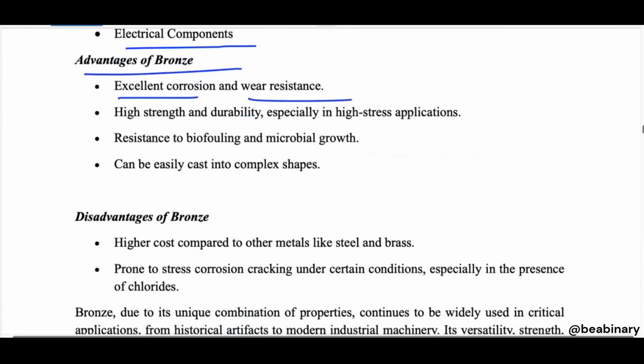I have discussed this because, whenever you need to install a component that must have more corrosion resistance, you cannot just go and use bronze. That's not possible. That's not the way of using material in the designing part. The best way is to look at all aspects of your design and, according to that, choose whatever is feasible.